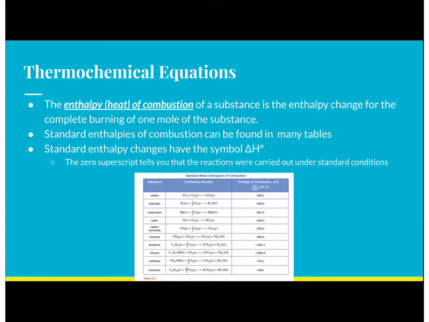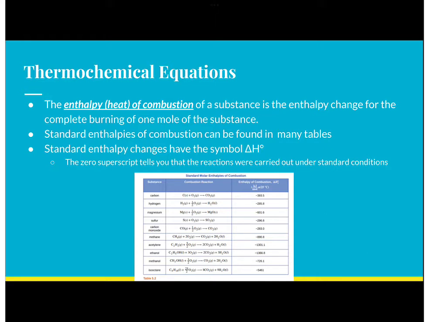So the enthalpy, or heat, of combustion has the symbol like we just saw in that previous equation. Of a substance, it is the enthalpy change for the complete burning of 1 mole of the substance. So that negative 2,808 kilojoules is for 1 mole of glucose. That was the burning of glucose.